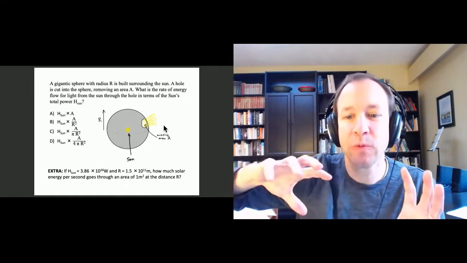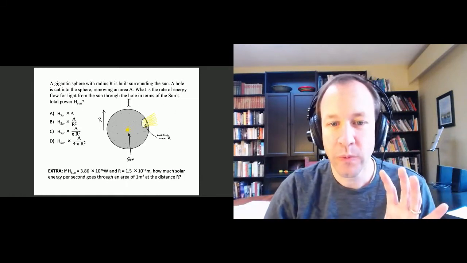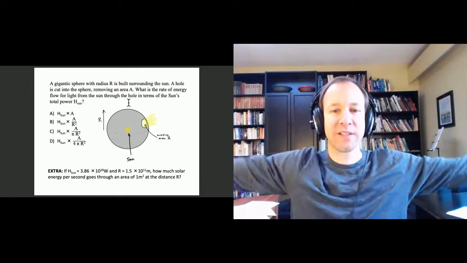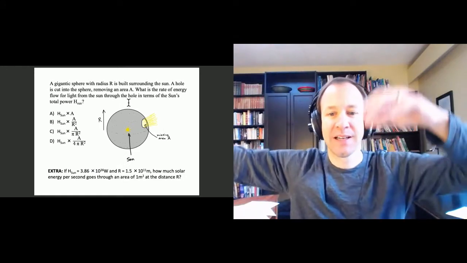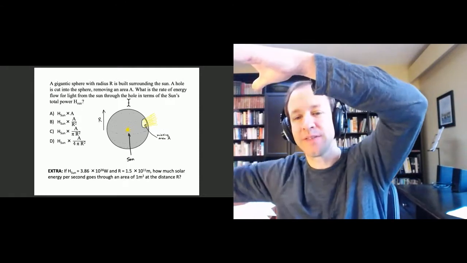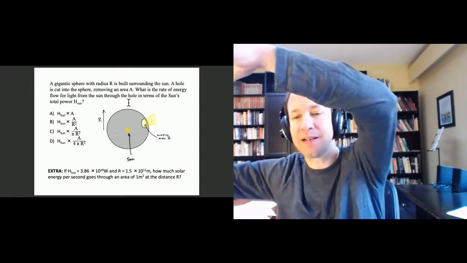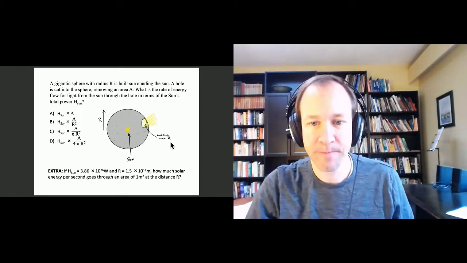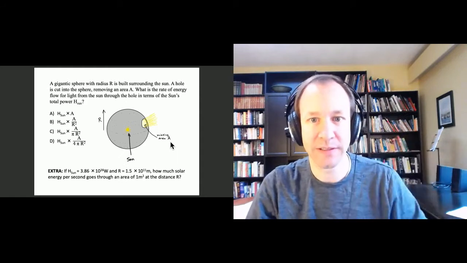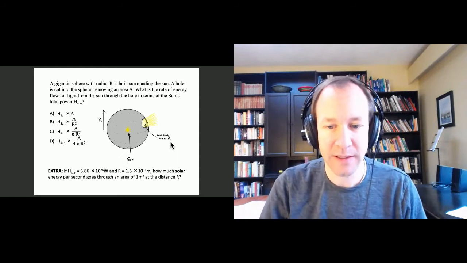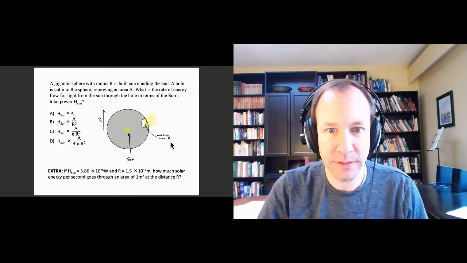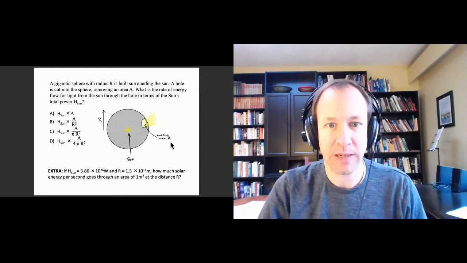But to get there, we're going to think about this question where we have a sphere surrounding the sun whose radius is r, and then we just want to know how much of the sunlight is going to go through this particular area, which is A. And I'll explain how that is relevant to the problem later. So this is just a problem to think about. So pause your video, read through the choices, and then we will talk about the answer.